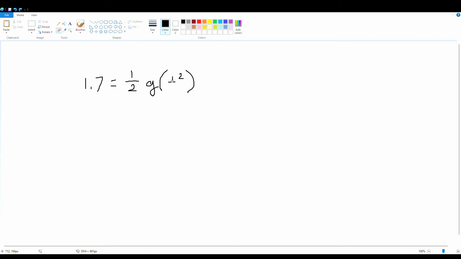So we'll replace t with 0.8. And after solving for g, I got 5.3125 meters per second squared as gravity.